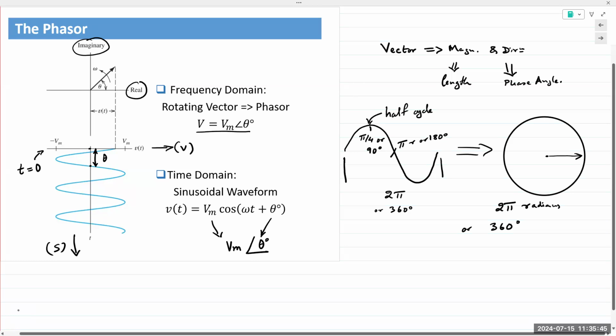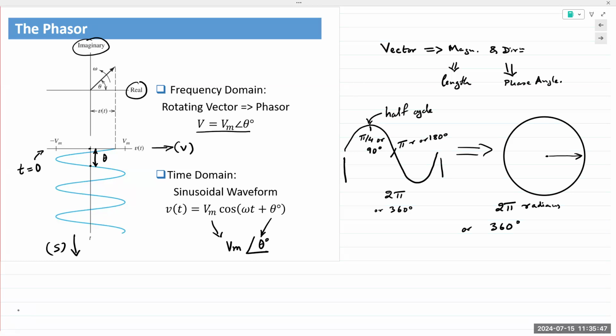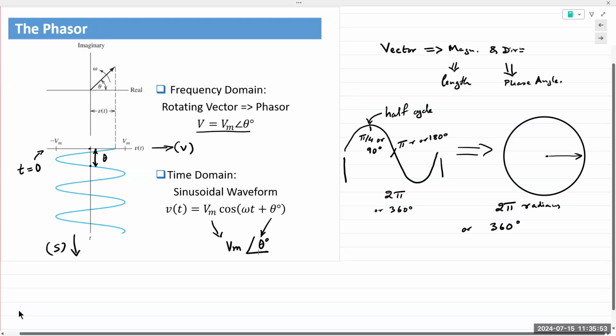A sinusoidal waveform can be represented as a rotating vector in the complex plane. The vector rotates in a counterclockwise direction. This is very important.